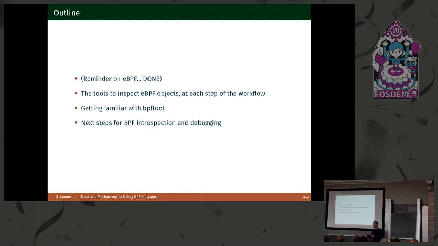And then in a second part, I'd like to make a somewhat deeper introduction to bpftool, which is used a lot to get some information about the BPF objects loaded in the system, that would be programs and maps, for example. I would like also to give a brief overview of the possible next steps in terms of BPF introspection and debugging, what's being discussed at the moment in the community and what we could do.